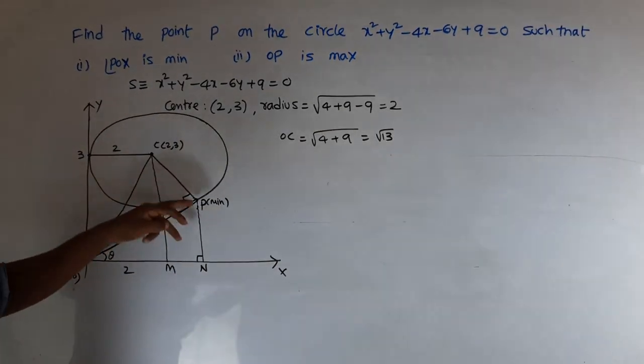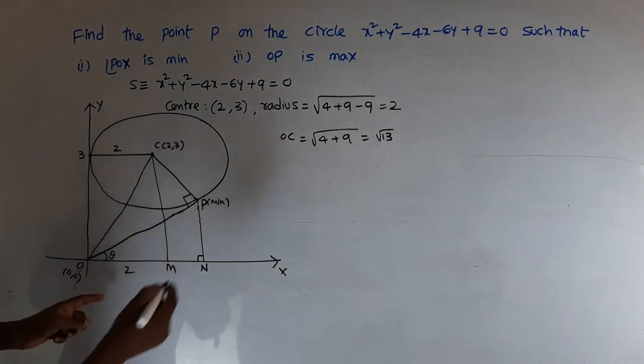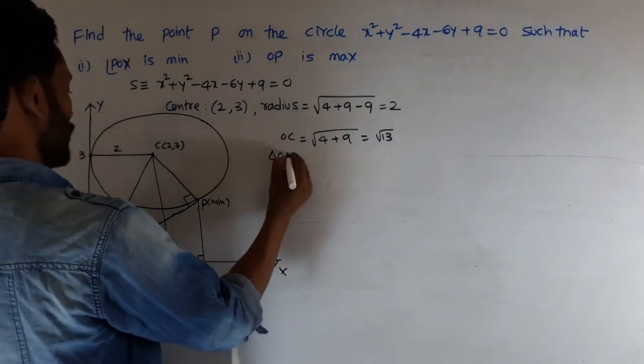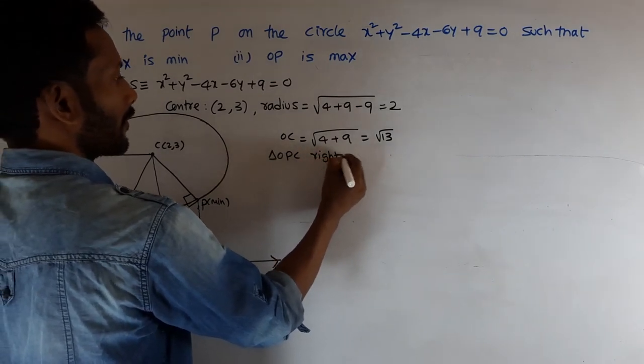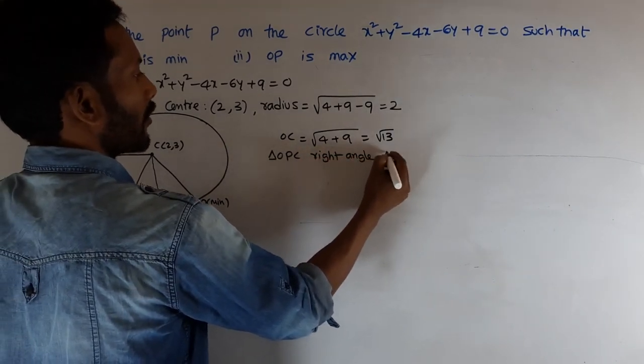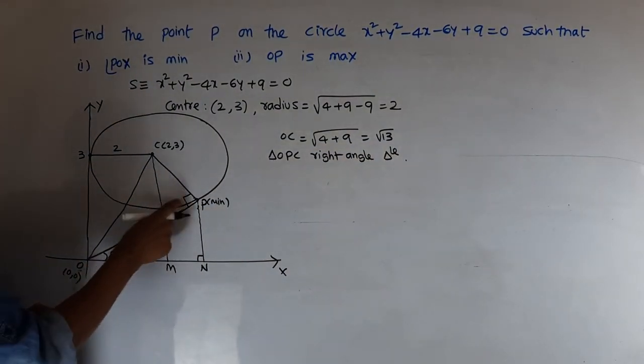The angle between the radius and the tangent at the point of contact is 90 degrees. Now triangle OPC is a right angle triangle, with the hypotenuse opposite the 90 degrees.